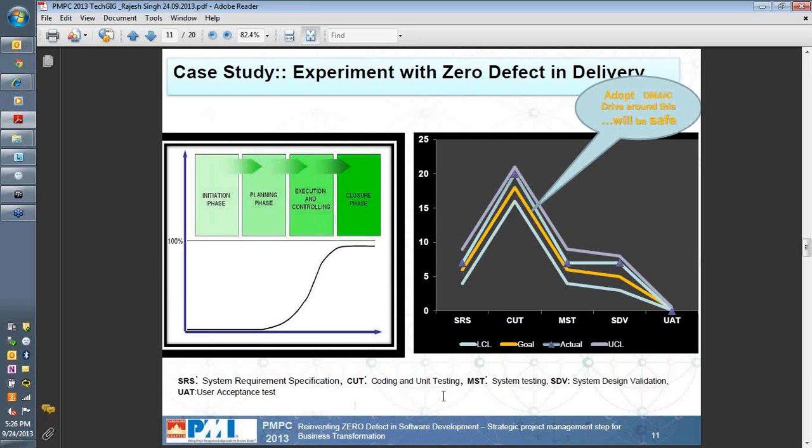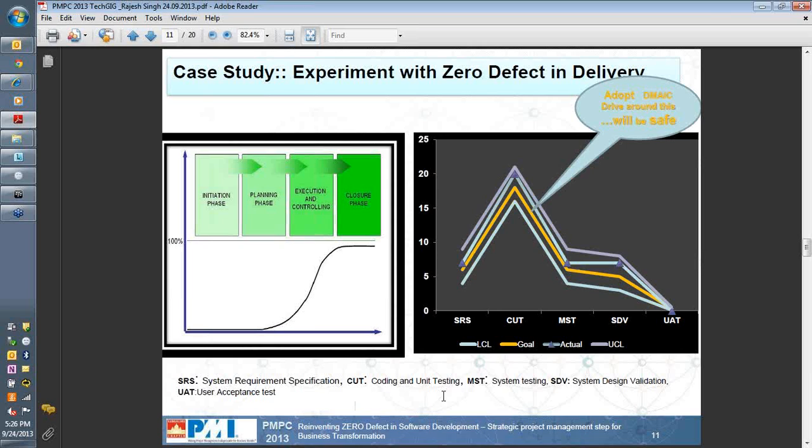So when my developer is working at the SRS level, at the requirement and specification level, I have a set goal. The data you are seeing is dummy data. It's not data that exactly reflects the Mindtree standard data.